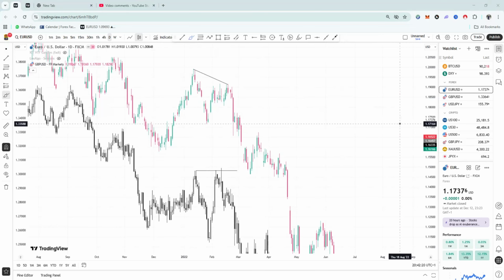Let's say, for example, you open Euro USD and you want to compare it with gold, and you're expecting to see an SMT. No, they don't correlate that much, and your SMT would likely not hold. Now, what about having an SMT with DXY?